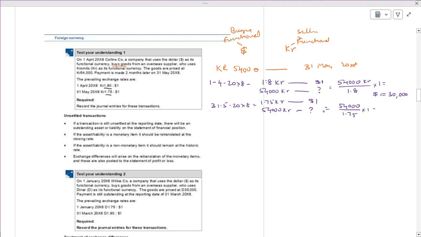It comes to how much? Yes, Hussein. Check again: 54,000 divided by 1.75. It is $30,857.